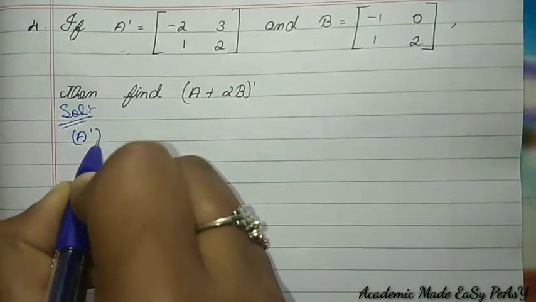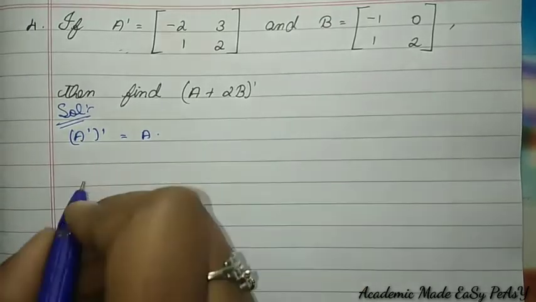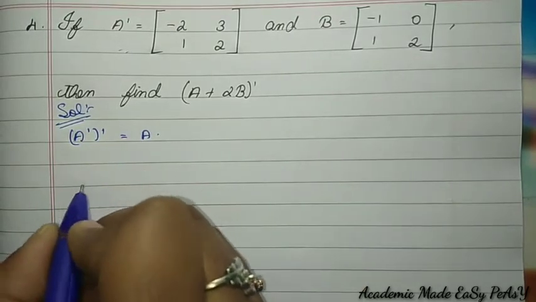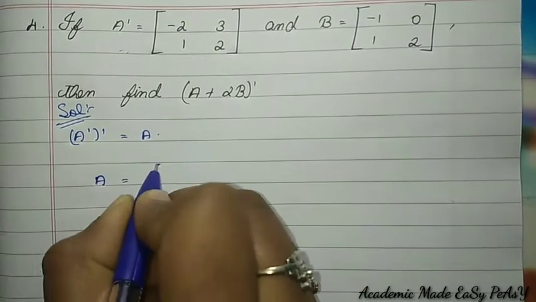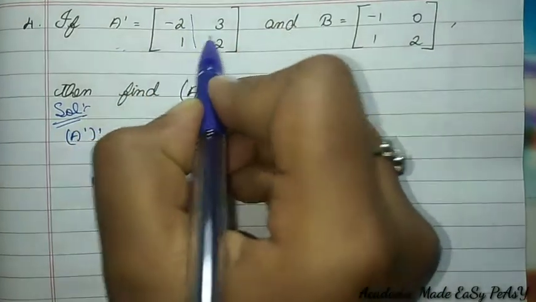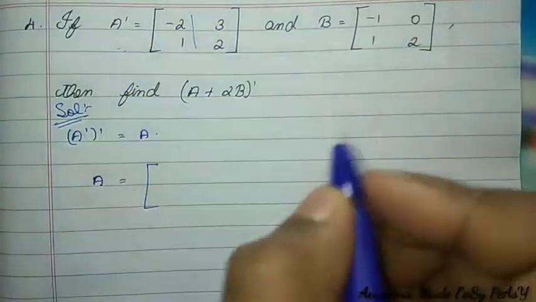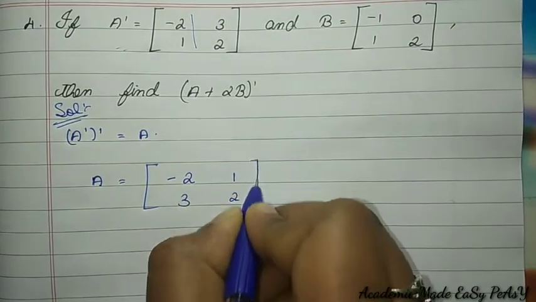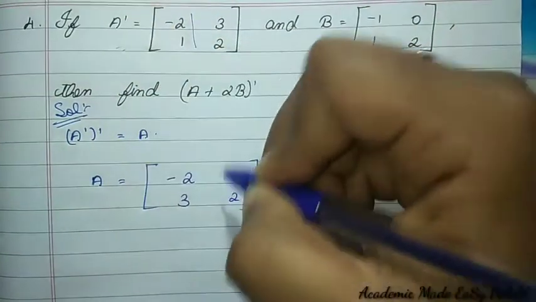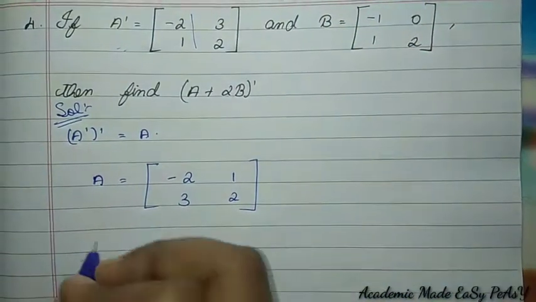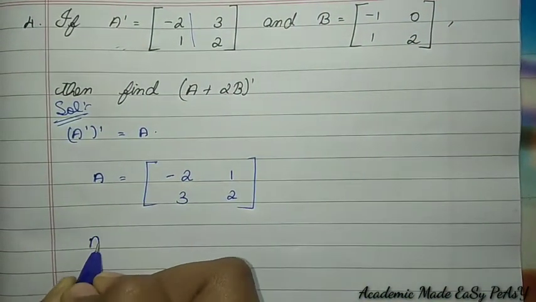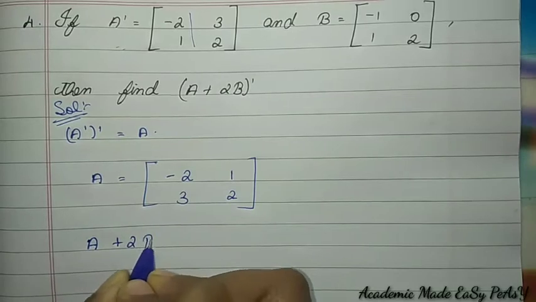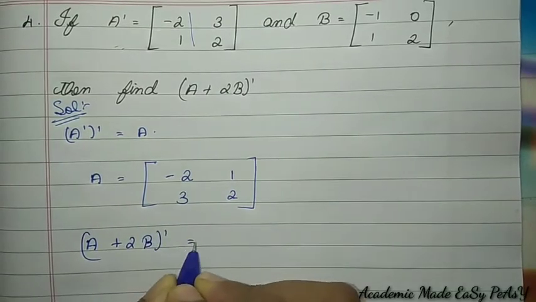A transpose the whole transpose is equal to A. It means A is equal to, I will change this column to rows. So minus 2, 1, 3, 2. First column to first row, second column to second row. So now I will be substituting A plus 2B the whole transpose is equal to.